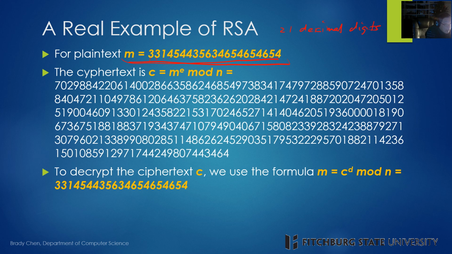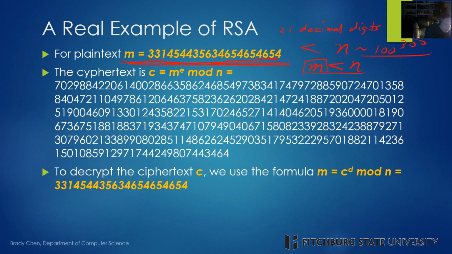Now, technically, n is about 10 to the 300 in size. So I can pick any m, as long as m is less than n. But this m is way too small compared with n, right? So let's say that's the m I want to encrypt.